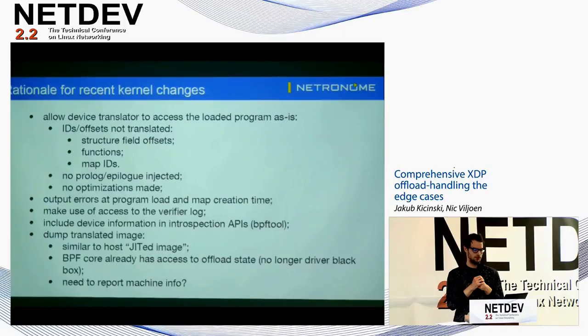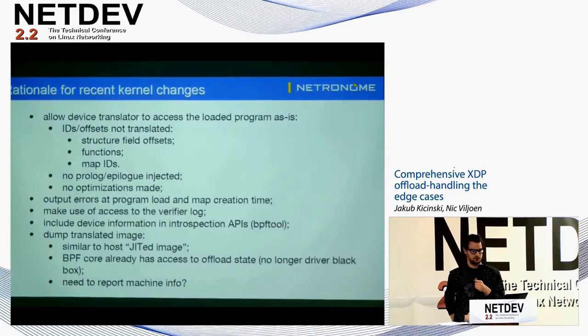And the third problem is with the maps. When the program is loaded, the map pointer load instructions are specially marked, and those markings are removed by the verifier. So if we want to offload the program to a device, we need to find all the map references, and it's kind of impossible to find the pointer loads when the markings are already removed.